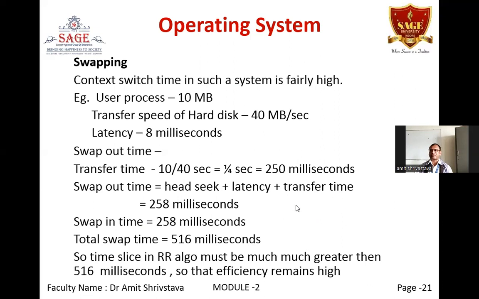Otherwise, if the time slice is less than or equal to 516 milliseconds, then the efficiency of the system will automatically be 50% only, because for 516 milliseconds we will be executing the process, and 516 milliseconds will be required for swapping out and swapping in. So the system efficiency automatically decreases to 50%. So the time slice should be much greater than this 516 milliseconds.